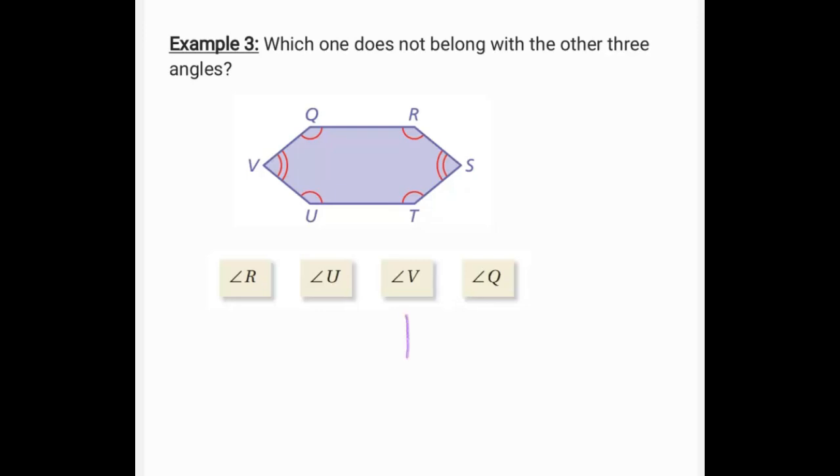Angle V would be the one that is different because that has two congruent lines right there, which means that angle V and angle S are congruent to each other, but they are not congruent to angle Q, angle R, angle T, and angle U.